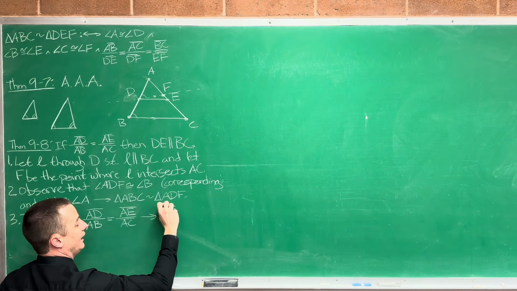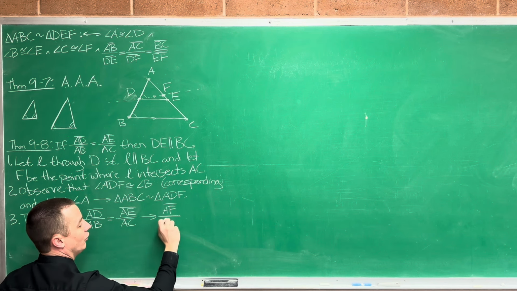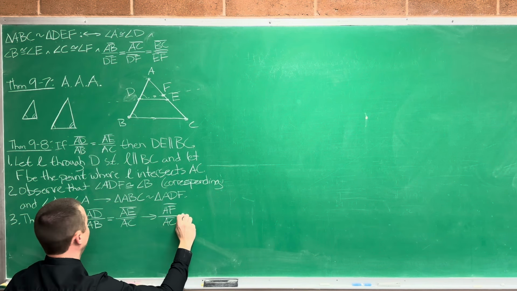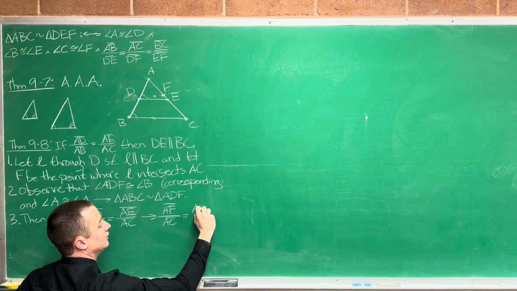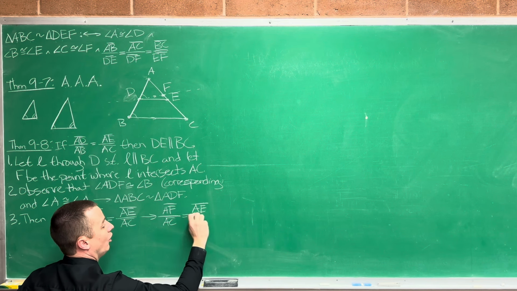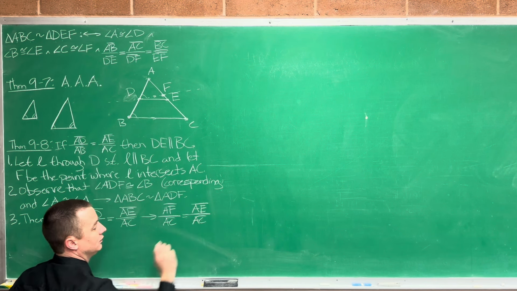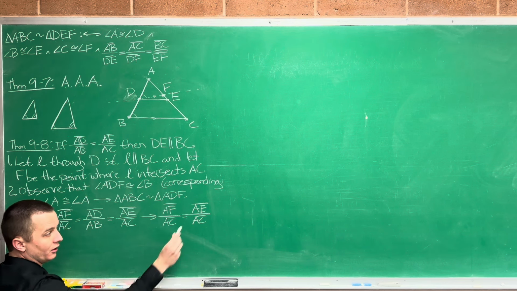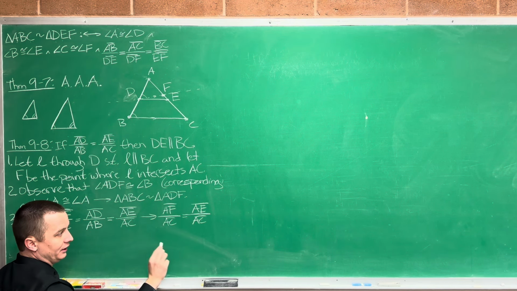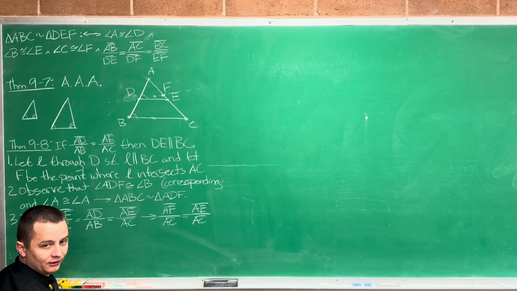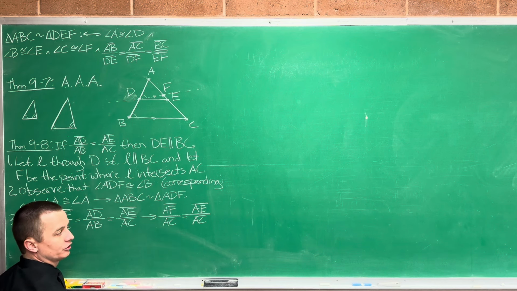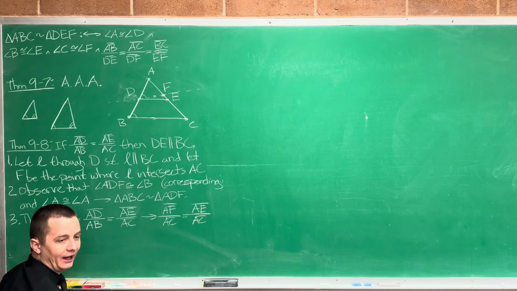So maybe just make sure you see that all together. So I know that AF over AC is equal to AE over AC. Or in other words, I know this times this is equal to that times that. Or if the denominators are the same, then the numerators have to be the same.